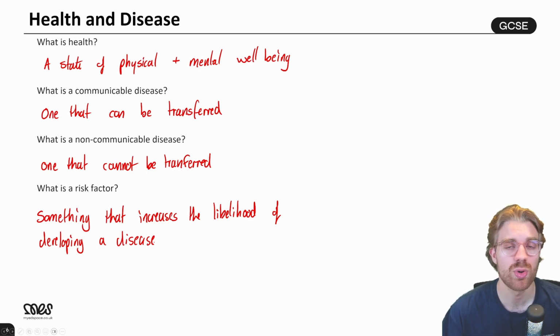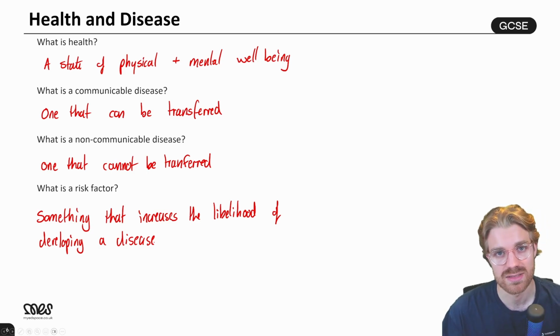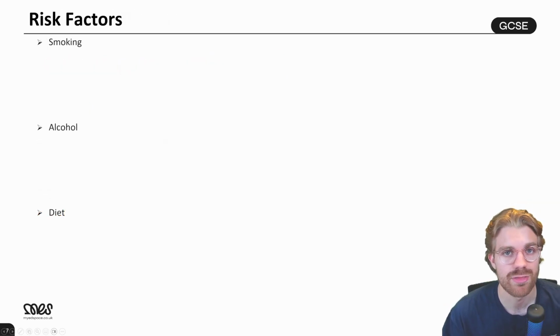Maybe someone who has a poor diet might also be obese, which means again they struggle to exercise as well. So risk factors can interact to make things worse potentially and to increase the likelihood even more of developing a certain disease. So let's take a look at 3 examples of risk factors in a bit more detail.